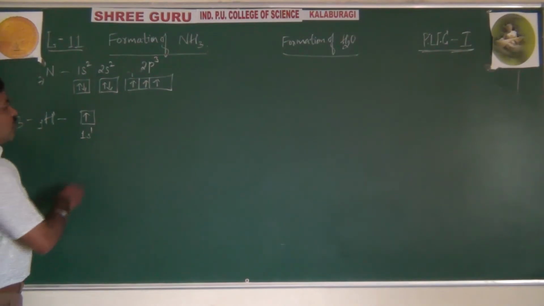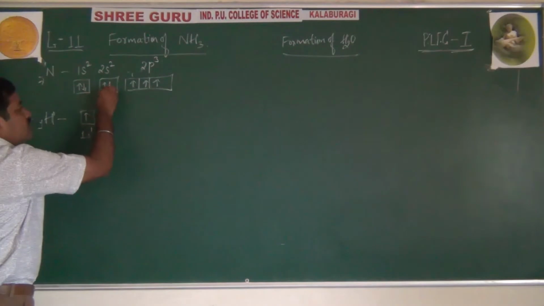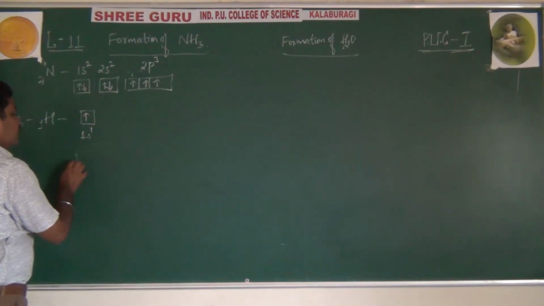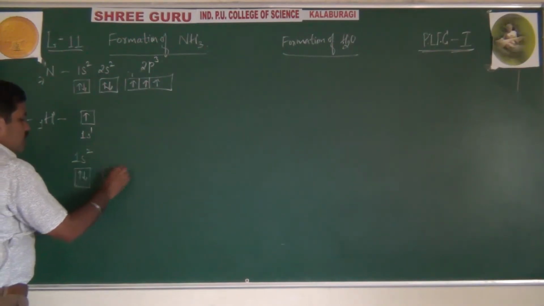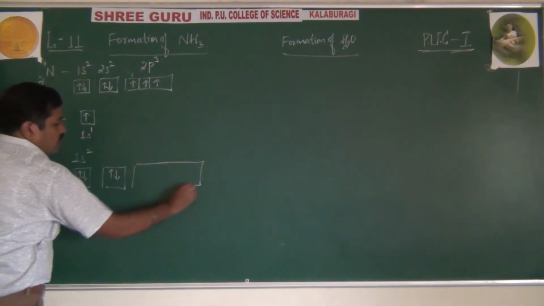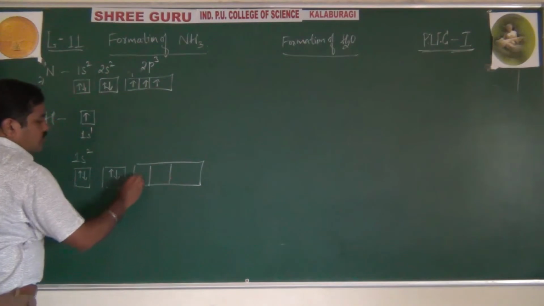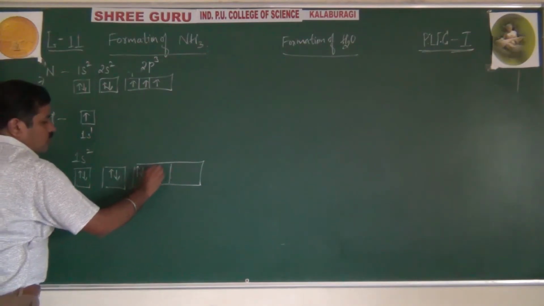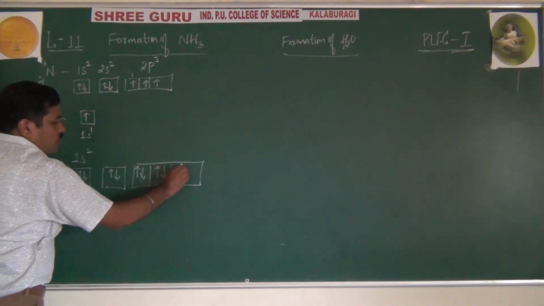So, see, this is already the paired one, called a lone pair. It will share and form 1s2, 2s2, and remember 2px2, 2py, 2pz.